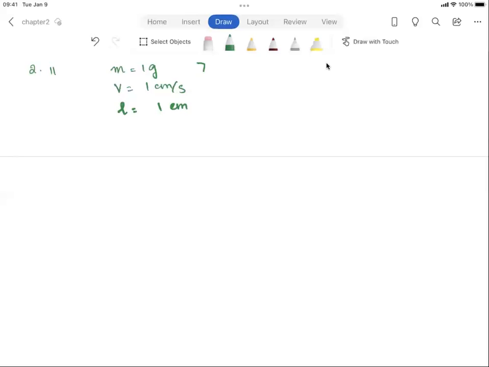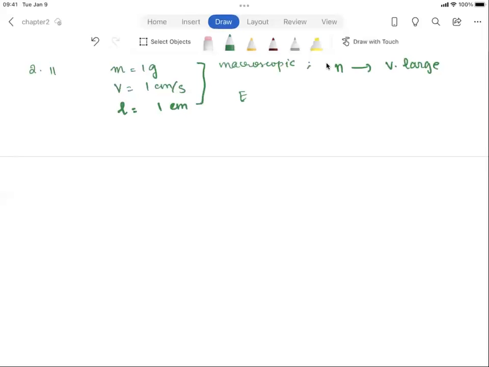Now, because we are dealing with something that is macroscopic in nature, an intuitive thing that can strike us immediately is that the value of n is going to be very large.